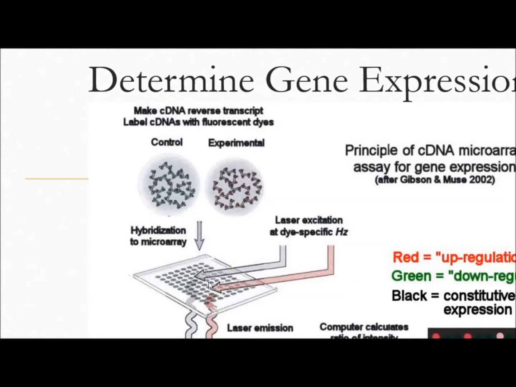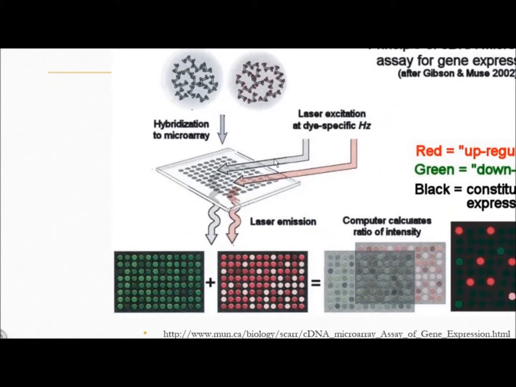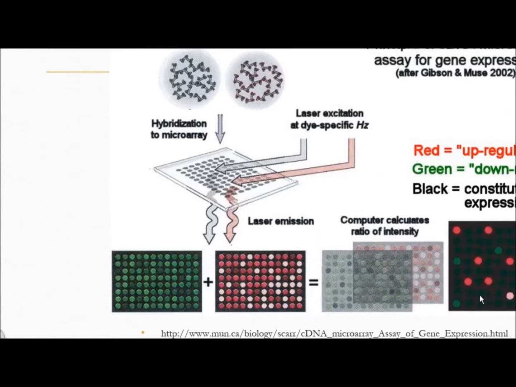Okay, that is, all the probes are on here, and then depending upon the intensities, you could have, for example, one wash for the control, and on a similar probe set you would take the experimental, and you would get both, and you would get the laser emission related to the fluorescent dye labeled DNA, and you would put these together.